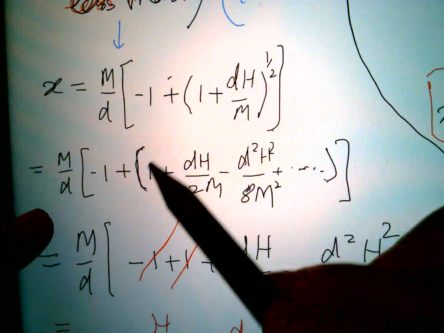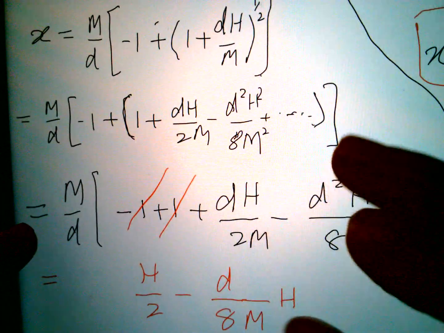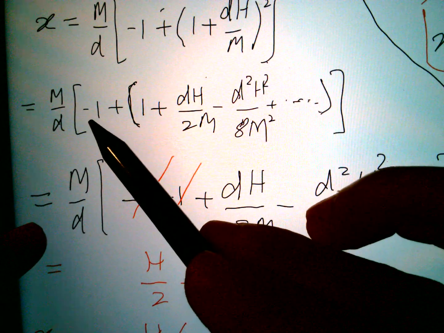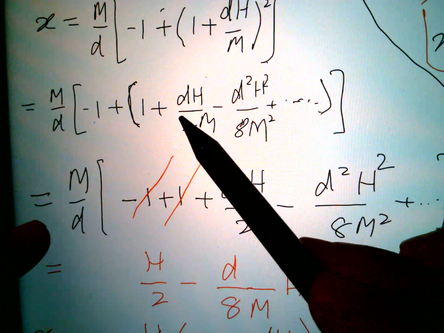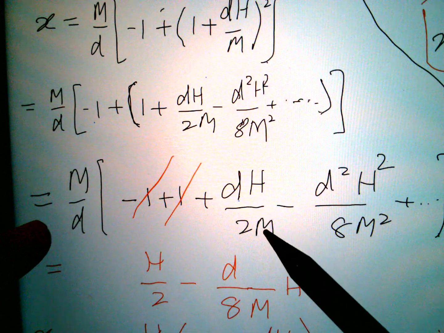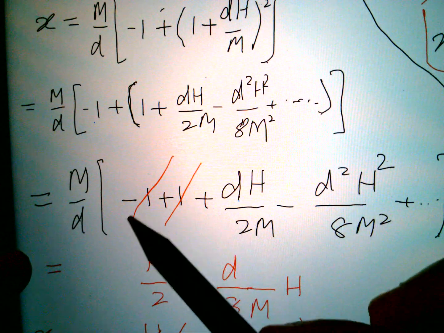If you simplify, this is minus 1, this is plus 1, this is dh over 2m, and the square term is cancelled.